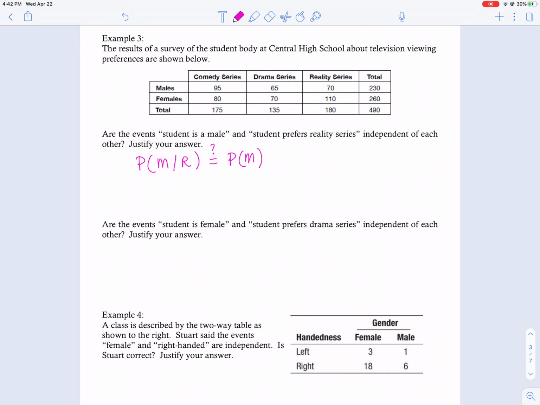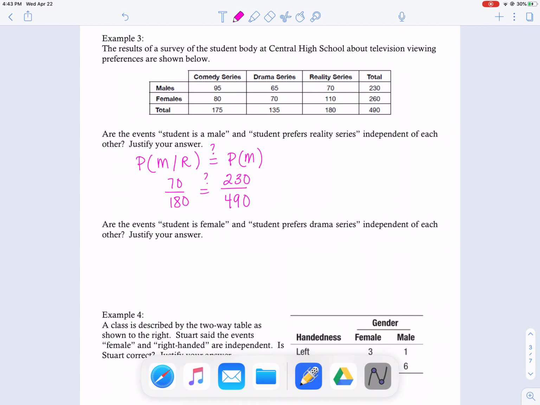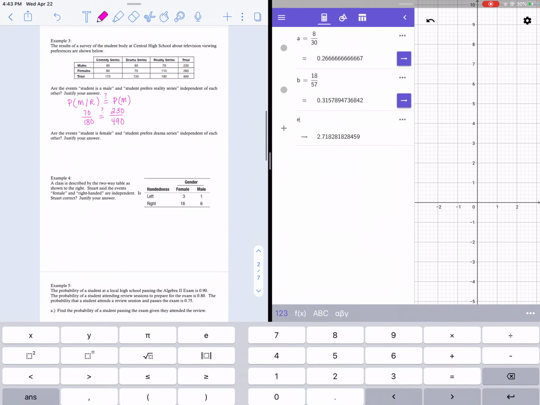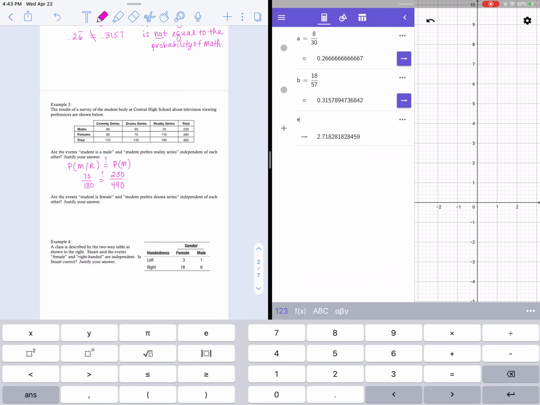So now, the probability of male given reality. So of the reality, which is 180, how many were male? 70. So this is 70 over 180. Okay. Does that equal the probability of picking a male? Well, male were 230 out of 490. Okay. So let's go to the calculator and look at those probabilities.